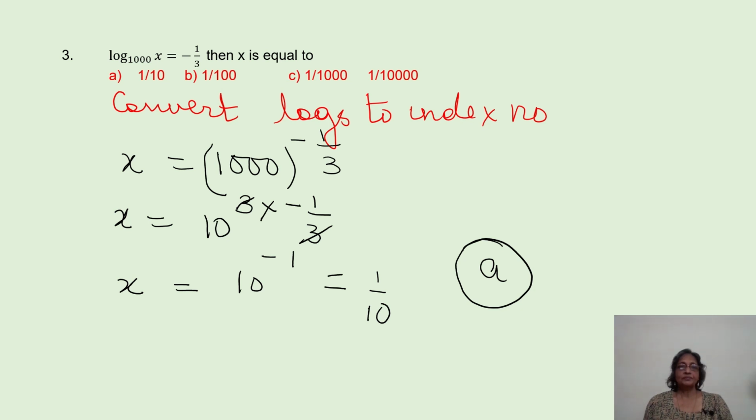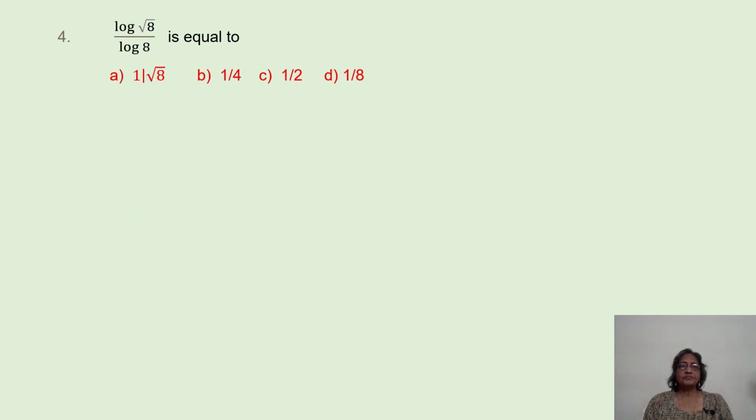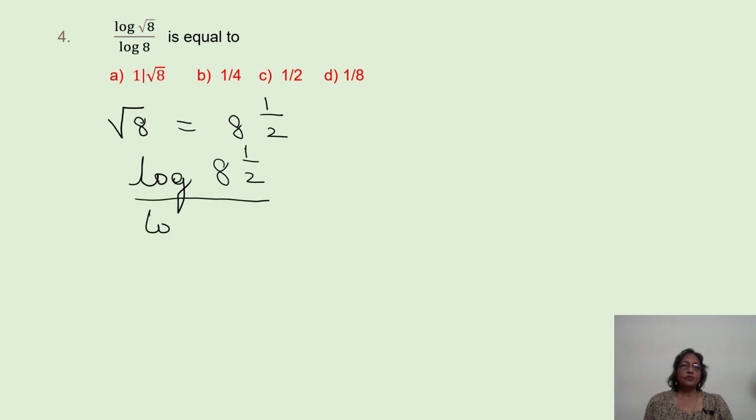All right. Now come to the next sum. Log of under root 8 upon log of 8 is equal to. So the first thing we know is under root 8 can be written as 8 raised to half. So in my first step in the numerator, I'm going to put this as log of 8 raised to half upon log of 8.